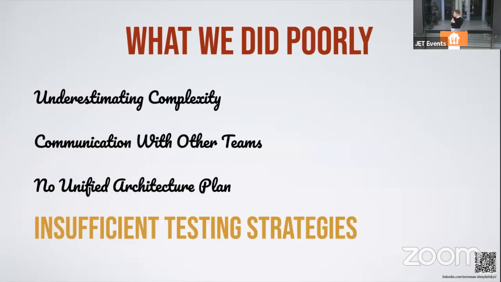Insufficient testing strategies. We did test coverage for some critical components, but again, time was pressuring and we left out everything else. Context switches in software development are expensive, but with monoliths, you're just context switching when you work on a feature and you have a critical bug, somebody pings you, hey, fix this, customers need it tomorrow.